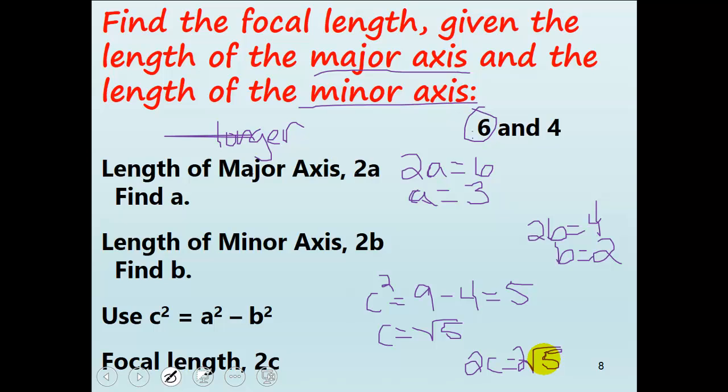Okay, so the square root of 5 is just over 2, so this is going to be roughly like 4.2, 4.3-ish. Okay. So why don't you try the video question?